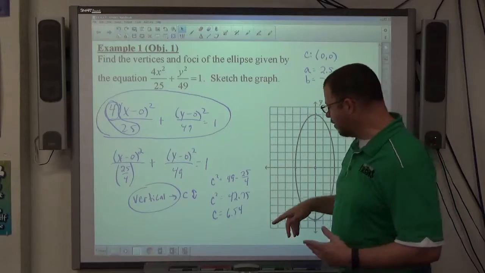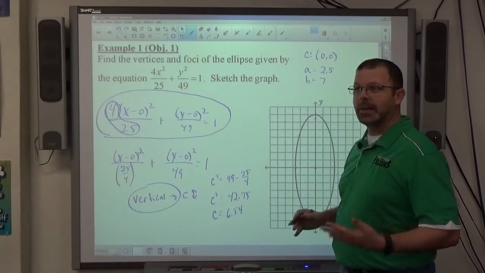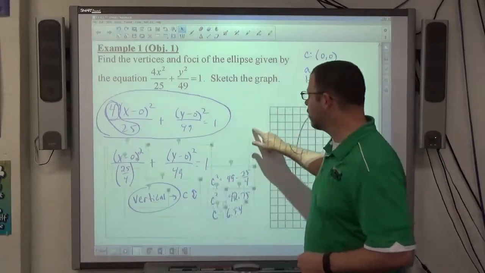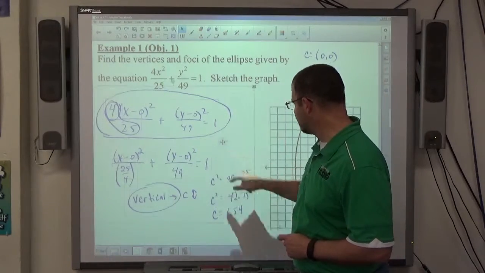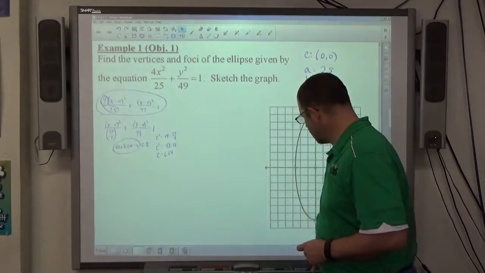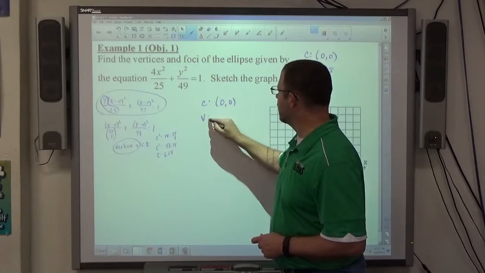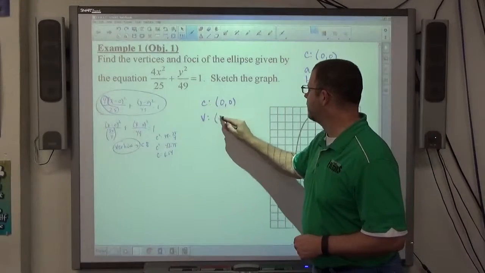Now, if it asks you to actually find the vertices and foci and stuff, they do want those written down as ordered pairs. So let me just show you, what I do is I just graph everything, and then if I am asked to actually give the information, then I write it down. So my center is 0, 0. My vertices are going to be 0, 7, 0, negative 7.